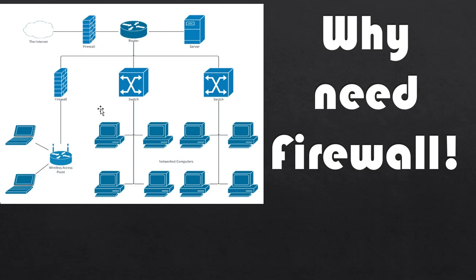The switch controls all this segmentation, but if some machine or user needs to access anything over the internet, the traffic will go through the switch and the router. The router takes the routing decision, whether to send the traffic this side or that side.